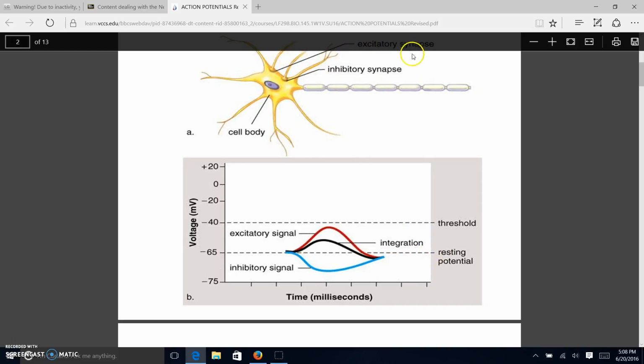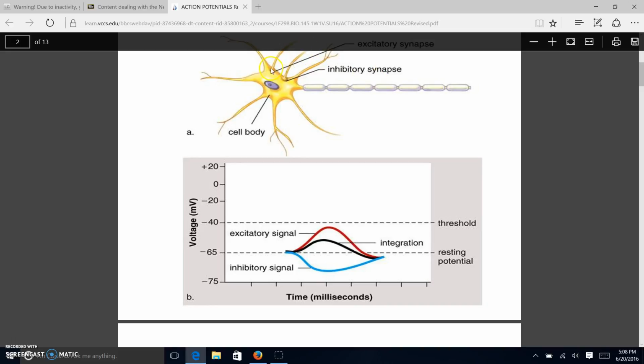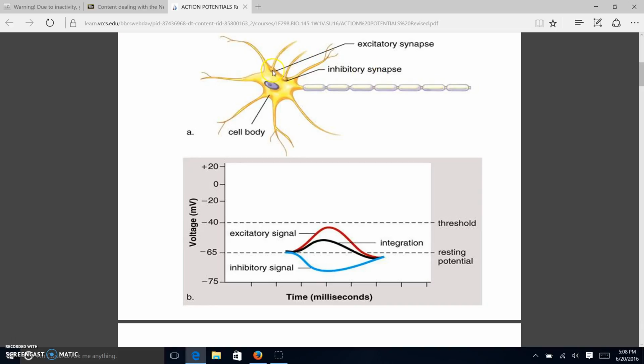But if we actually have an excitatory signal, which we see here, what an excitatory signal would do is have the neurotransmitter open up little channels that allow positive ions to come in, such as sodium or calcium or whatever we'd be talking about.